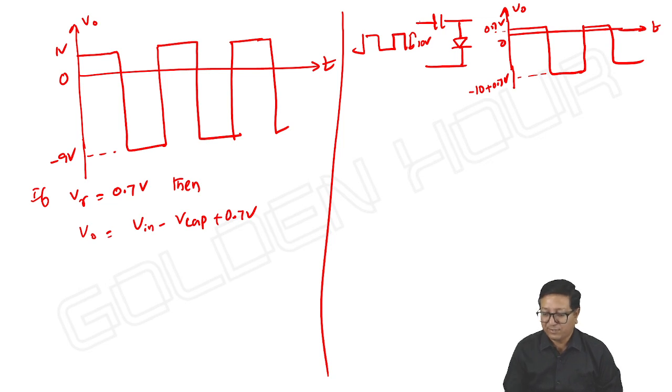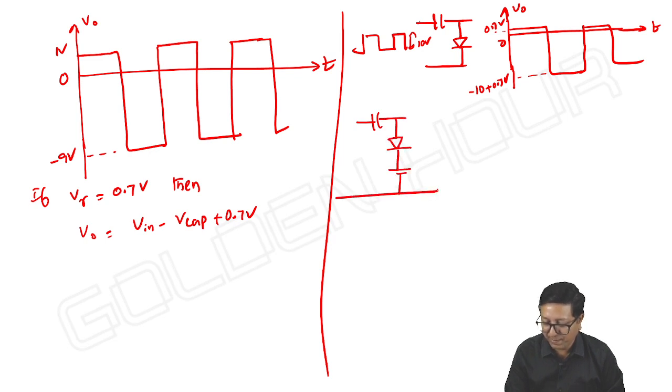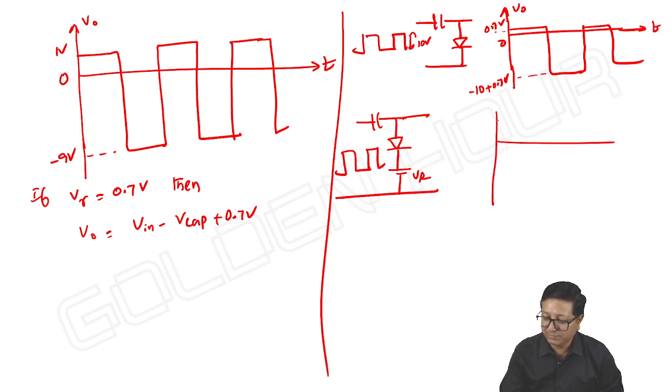Okay, with reference, it is unbiased and biased, meaning using some DC power supply VR, with square wave input. What do we get? Similar waveform, but it goes up by an amount of V reference.